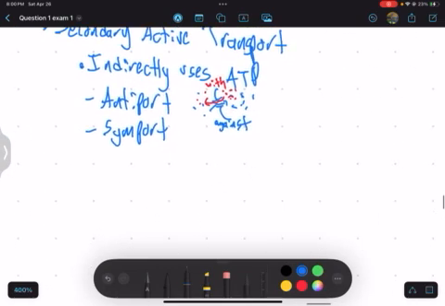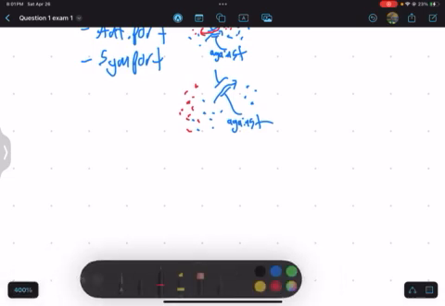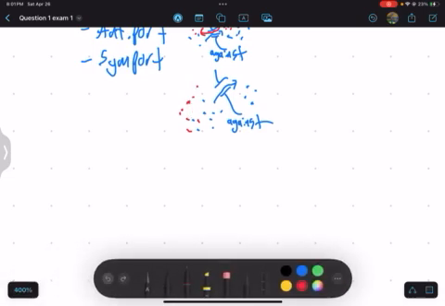With symport, you're going to have a similar thing, except one is going to go with the gradient, sorry.